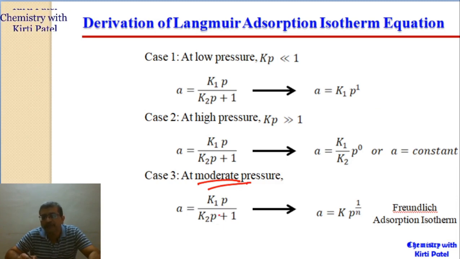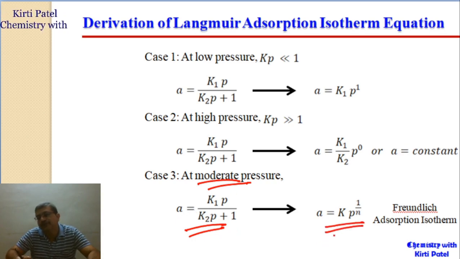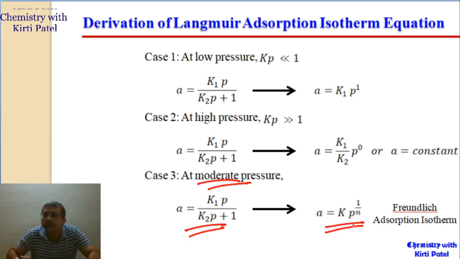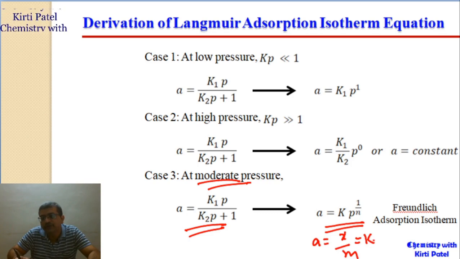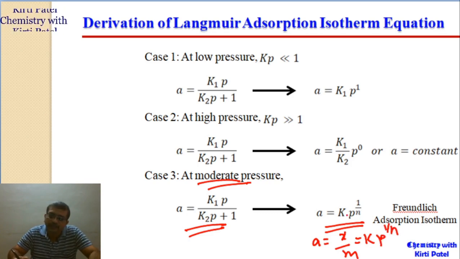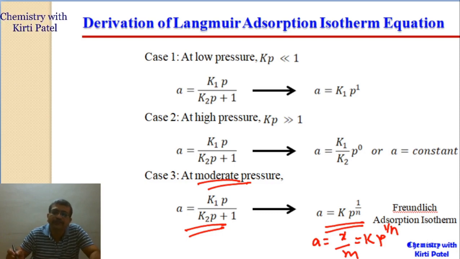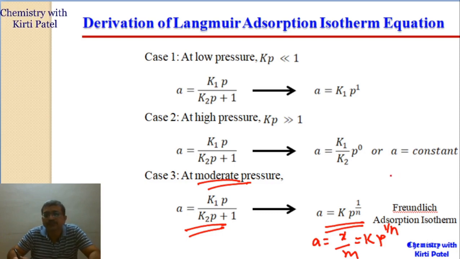At moderate pressure, Langmuir's equation, A equals K1P upon K2P plus 1, reduces to the Freundlich adsorption isotherm equation, that is A equals K into P to the power of 1 by n, where we can consider A equal to x by m, which is equal to K into P to the power of 1 by n. So this is very similar to the Freundlich adsorption isotherm.